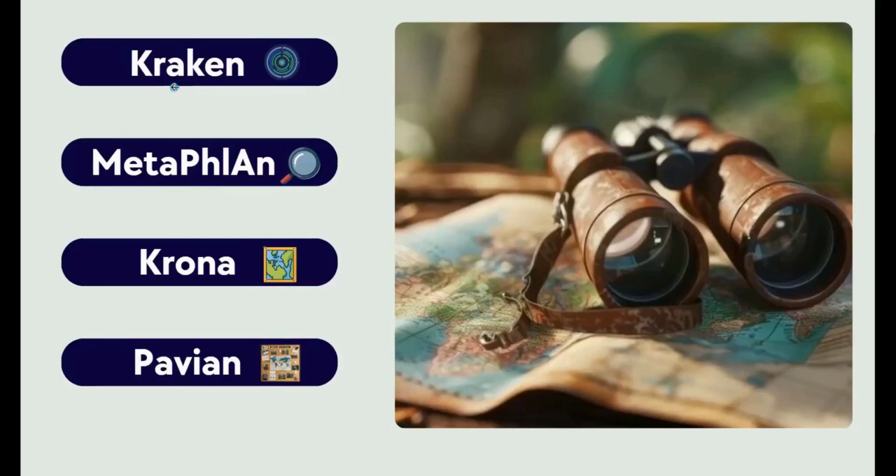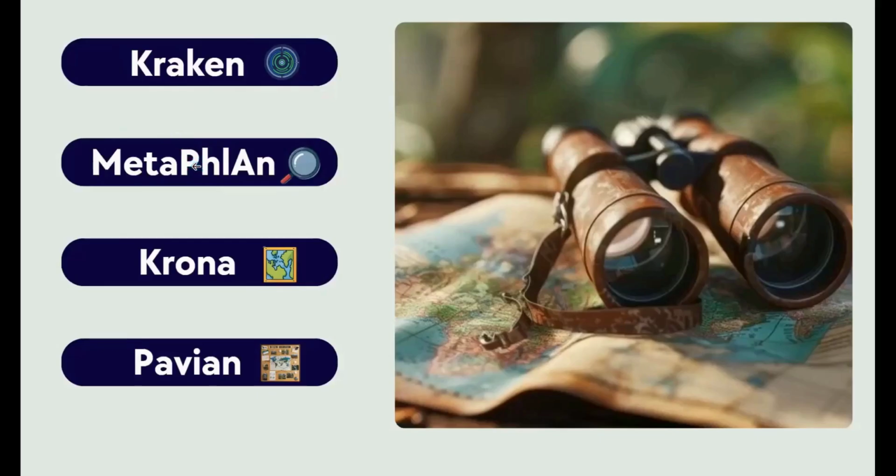So the Bracken tool takes the list from Kraken and helps you get better counts. If we are talking about the first example, Kraken would tell us what kind of organism, what kind of species are there. Then the Bracken tool comes to tell us the exact counts, like how many wolves, how many rabbits, and so on.